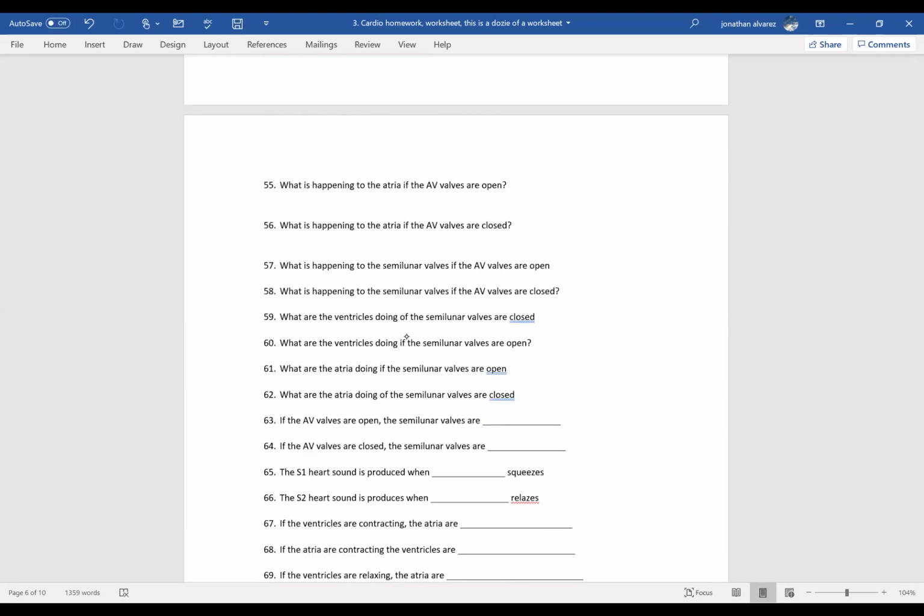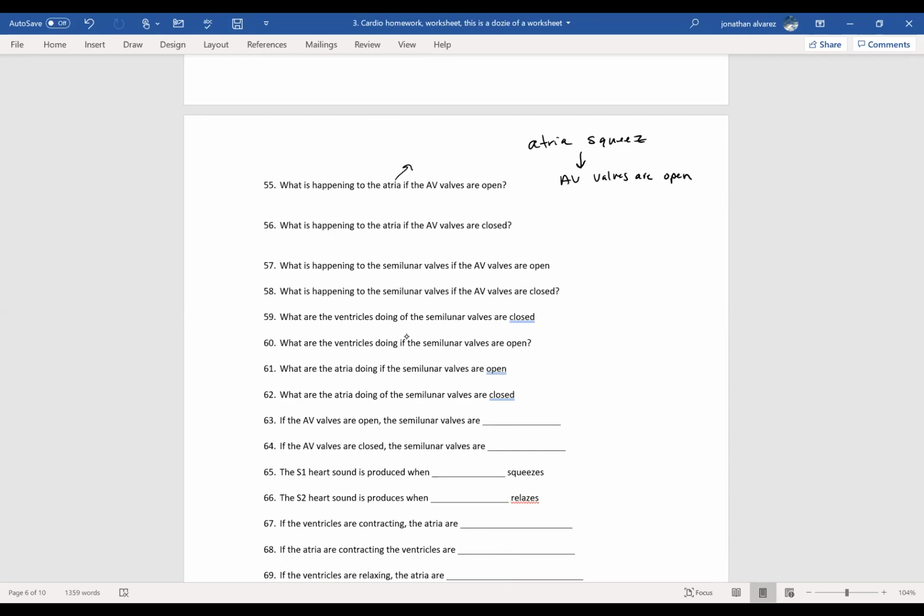Okay, what is happening to the atria if the AV valves are open? Remember, if the atria squeeze, that means the AV valves are open and the semilunars are closed.